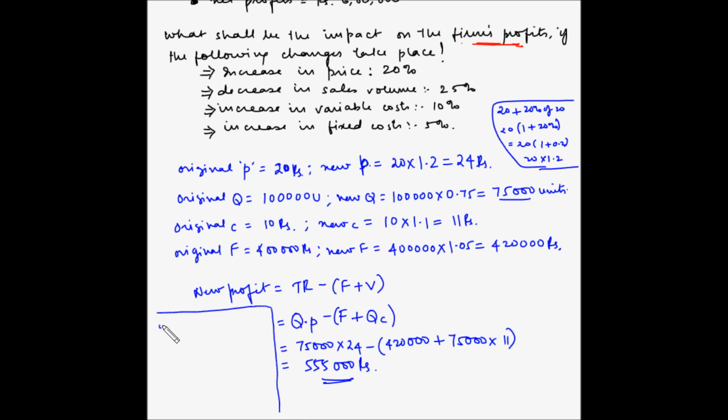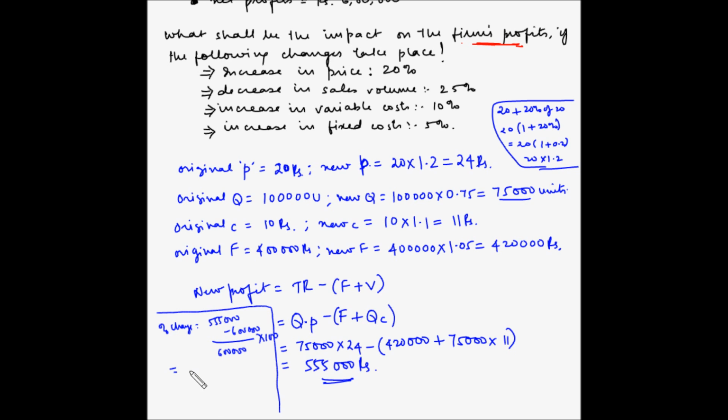So the percentage change will be 555,000 minus 600,000 divided by 600,000, because 600,000 is the original one and we are comparing the change as compared to the original profit, multiplied by 100.